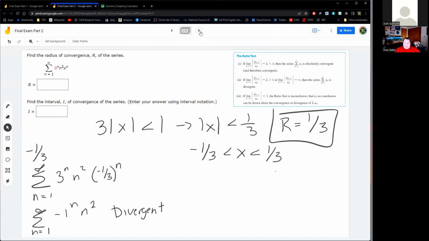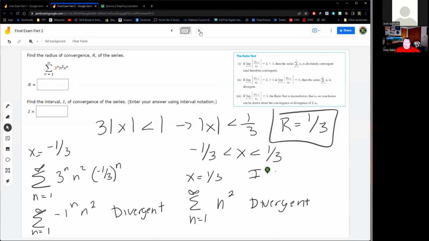So it's divergent. So that was negative 1/3. And if I plug in x equals 1/3, I get the same thing. I end up getting basically just n squared, which I know is also divergent. So I don't have to do any equal signs there. So my interval is negative 1/3 to 1/3, with parentheses.